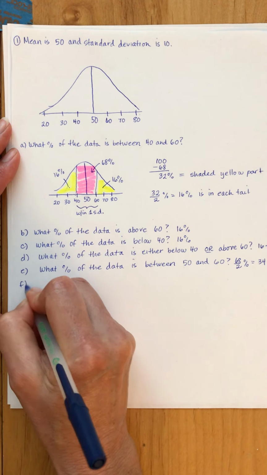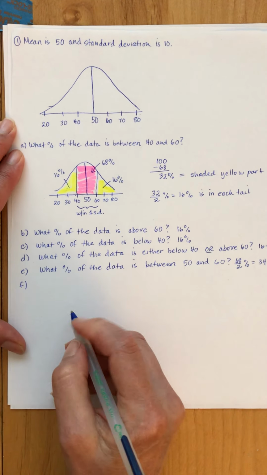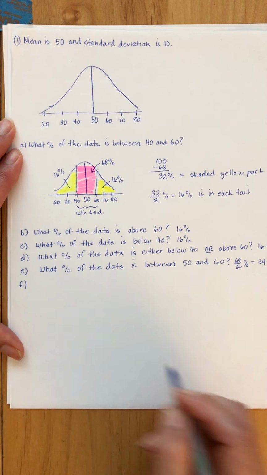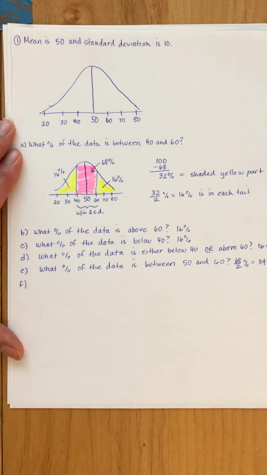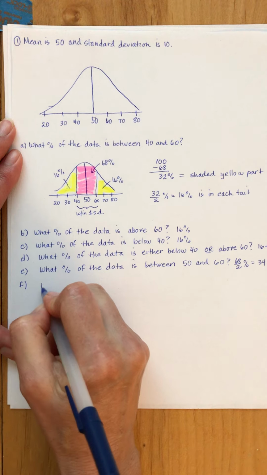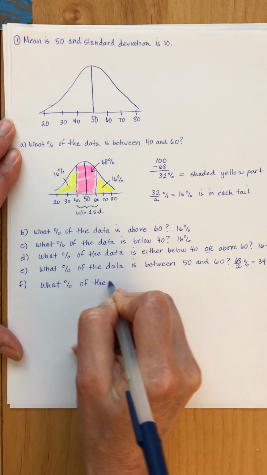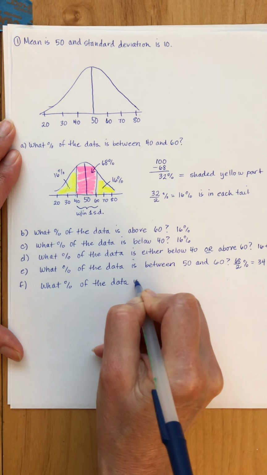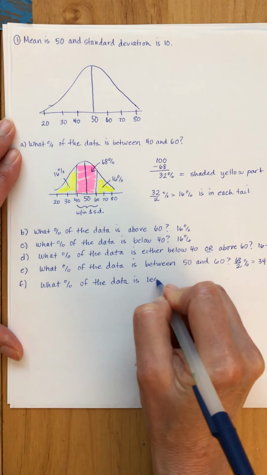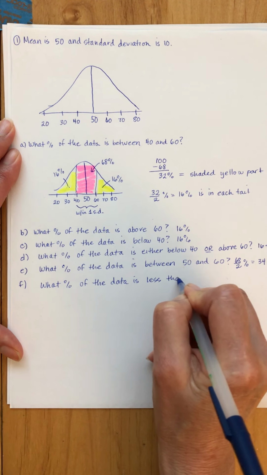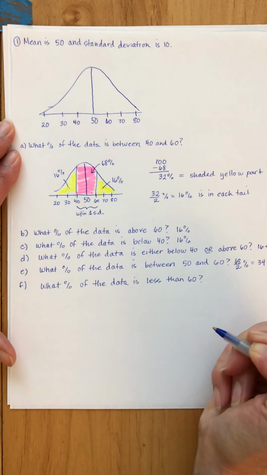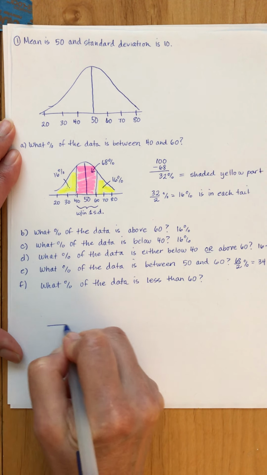Okay, let's answer another question, and I think I'll draw the picture again here. What if I want to know what percent of the data is less than 60? Let's draw a little picture for ourselves.